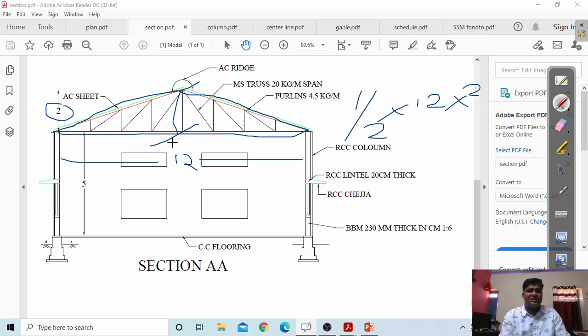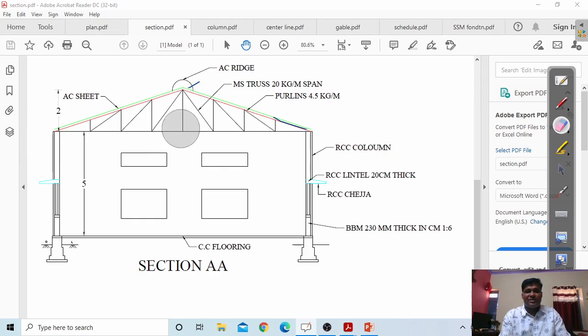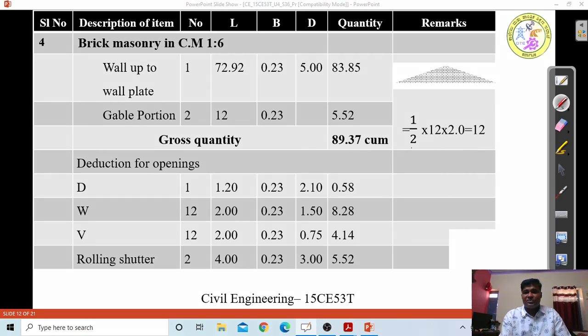This gives the total surface area of the gable end, multiplied by the width will give me the total volume of brick masonry. There are two gable ends, so 2 into 12 into 0.23 will give me 5.52 cubic meters in total. So total 83.85 plus 5.52 will give me 89.37 cubic meters of gross quantity.